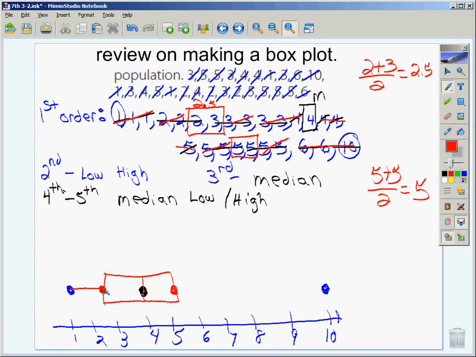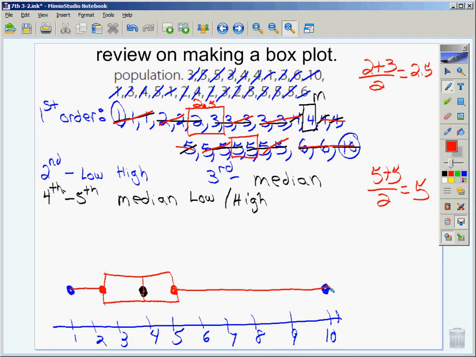And then the whiskers connect the box to the high and to the low. In this particular data set, to me, there was a number that didn't fit in very well.